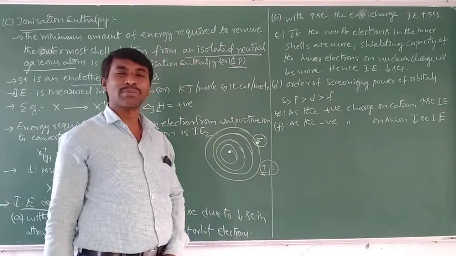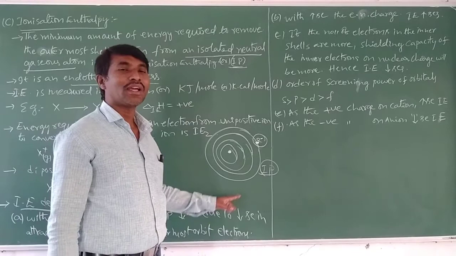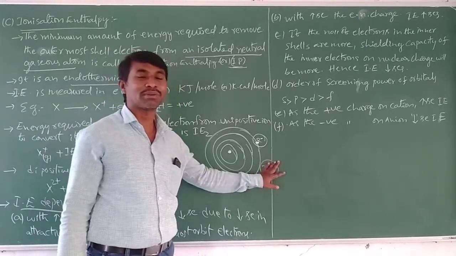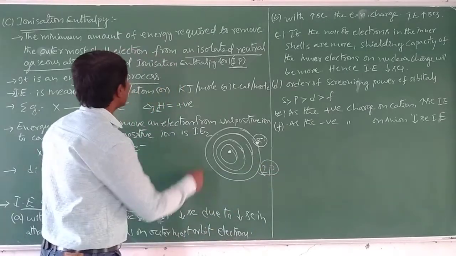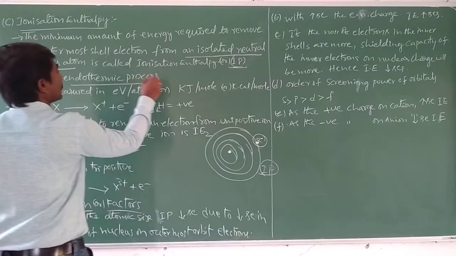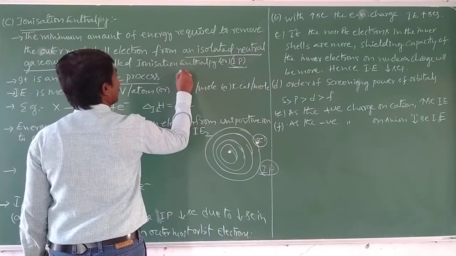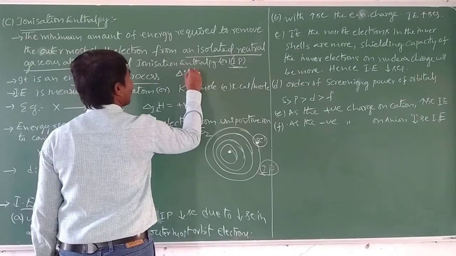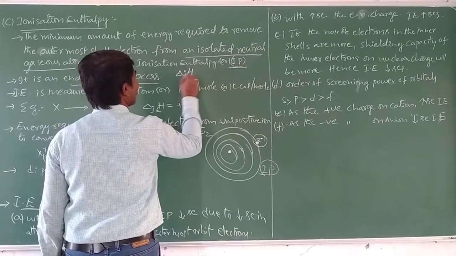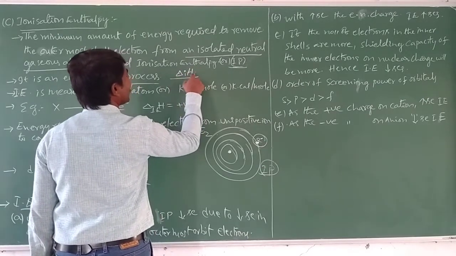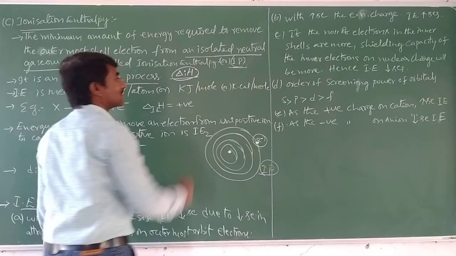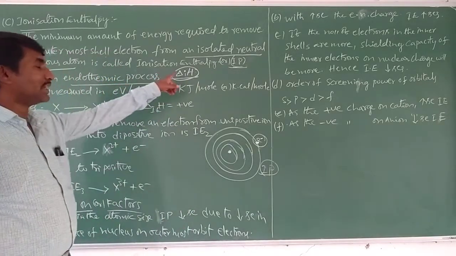IP means ionization potential, and IE means ionization enthalpy. This is generally denoted by delta IH.